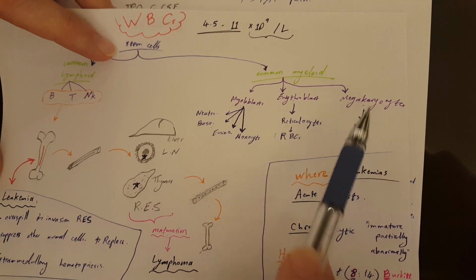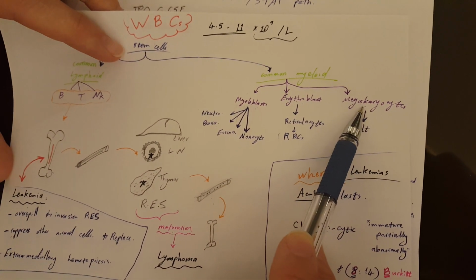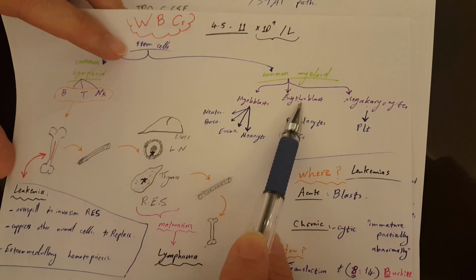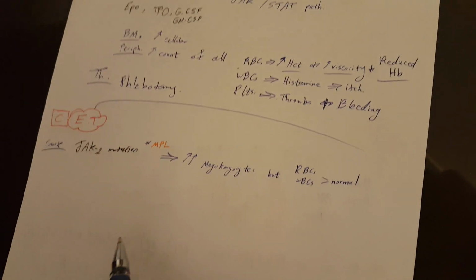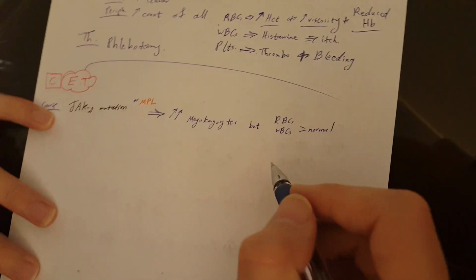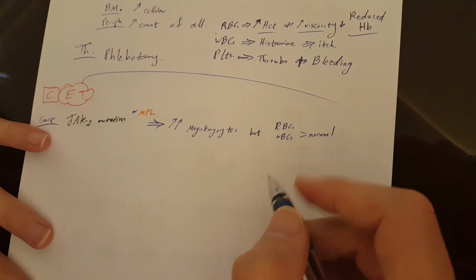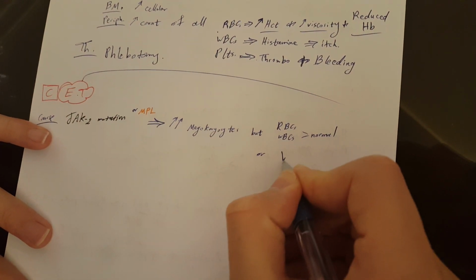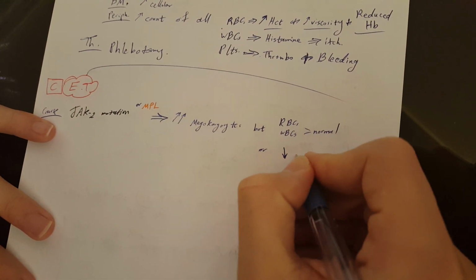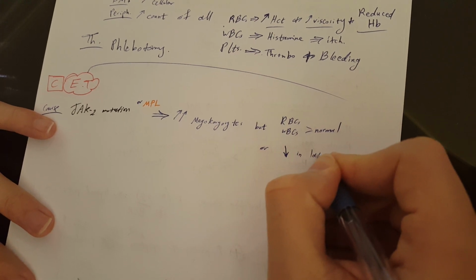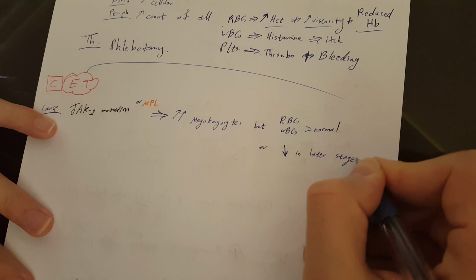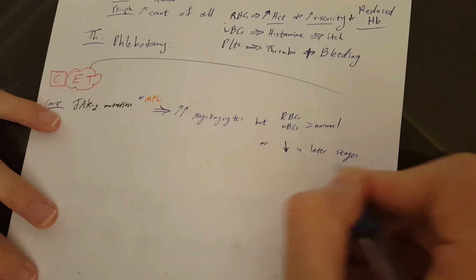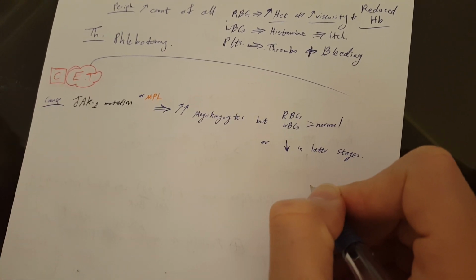The line is a bit more differentiated, so these are not affected. That's why they can be normal. Well, if it's in the upper levels, then it affects everything after it. It's just common sense. So red blood cells and white blood cells can be normal or decreased in later stages, if they are suppressed, of course.